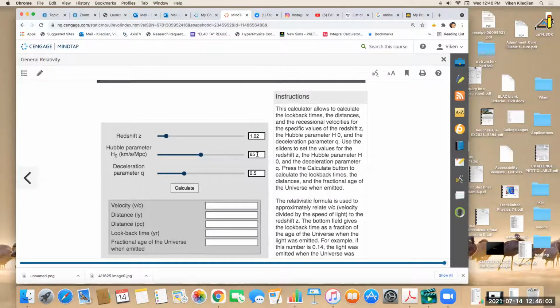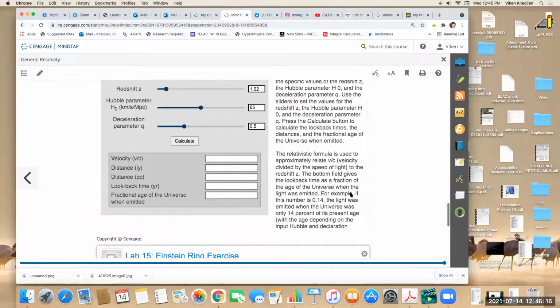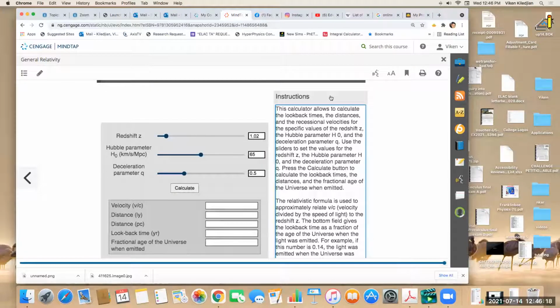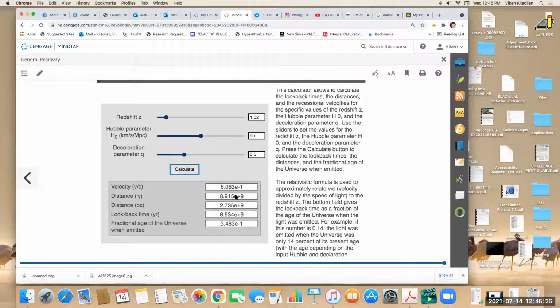It all depends on the Hubble parameter, what the Hubble constant is, and the deceleration parameter. So when I say calculate here, it's going to give me the velocity of that galaxy, the distance of that galaxy from us in light years and in parsecs, and the fractional age of the universe when that galaxy's light was emitted.